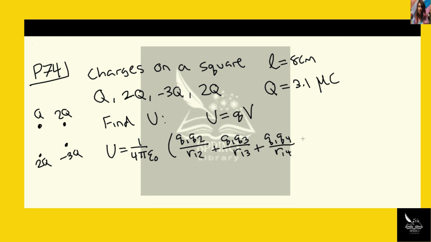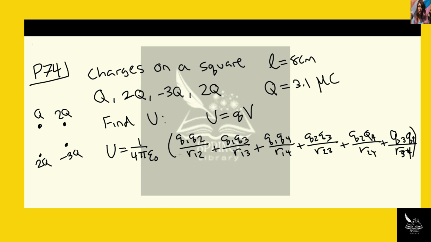You see the pattern. Do it for all possible pairs. One more term, 3 and 4, R3,4. Good. And so we just need to be careful about what these distances are for using R.